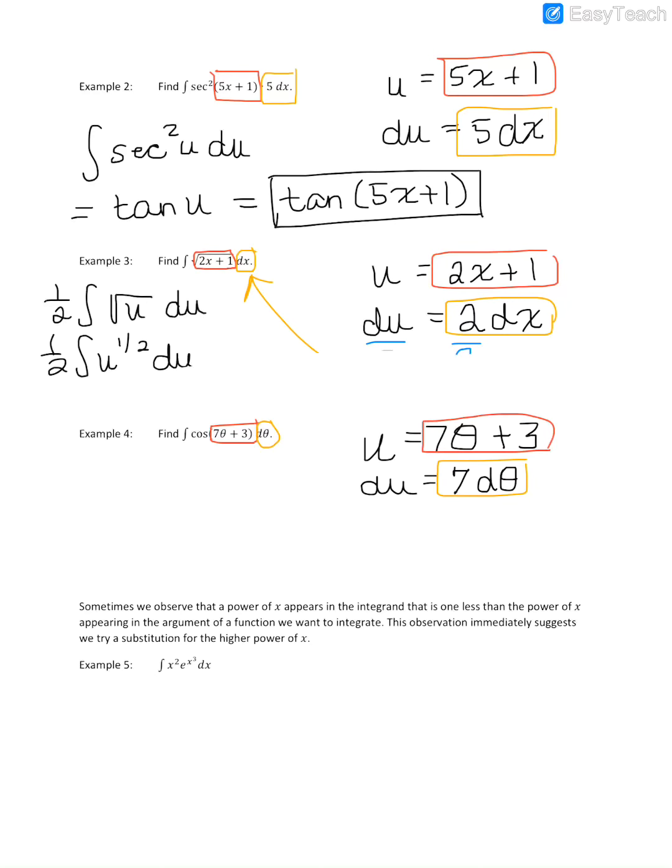So I want to divide the 7 over to the other side. So this gives me 1/7 du is what I put in for d theta. So now see here, my d theta is going to be able to substitute in, which means I just need a 1/7 on my integral.